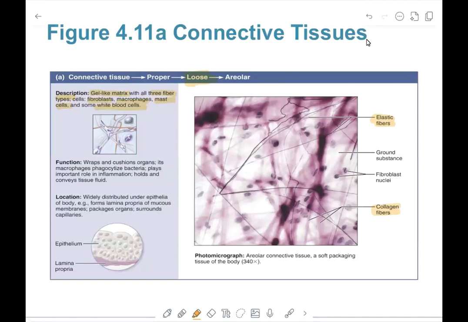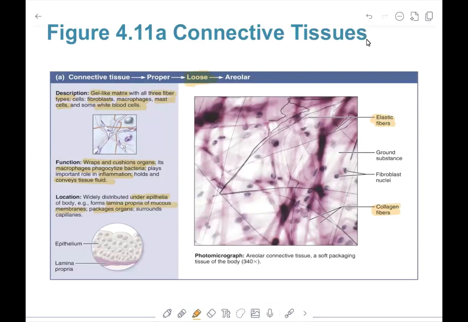Their function is that they wrap and cushion organs. The macrophages are going to phagocytize bacteria. So they play an important role in inflammation and they convey tissue fluid. So they are located under epithelia and especially the lamina propria of mucous membranes.